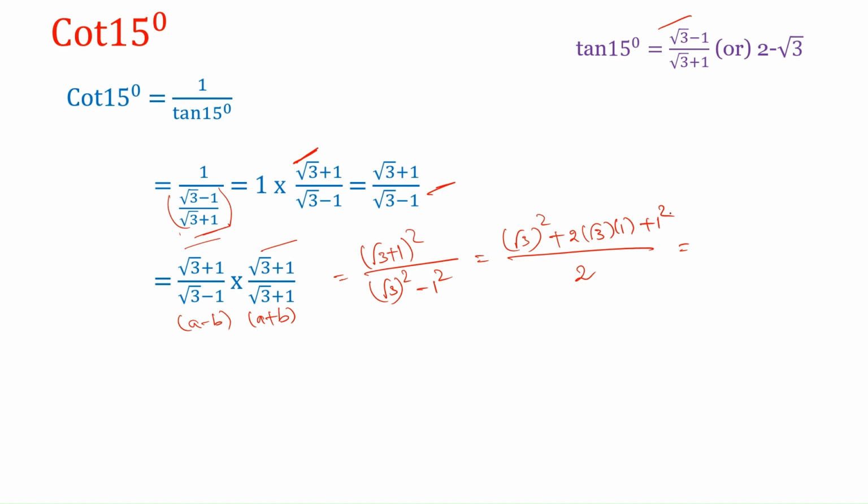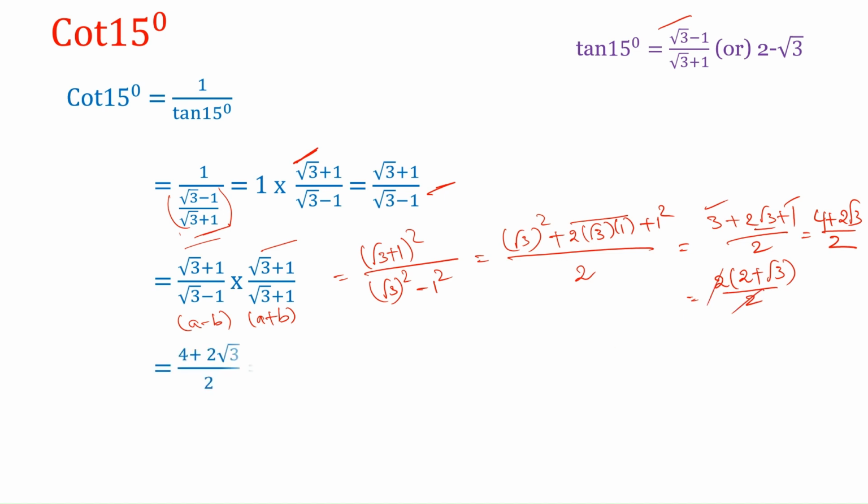That equals root 3 square is 3 plus the second term is 2 root 3 plus 1, divided by 2. Now 3 plus 1 is 4 and the middle term as it is, plus 2 root 3, upon 2. We can take 2 common in the numerator, that makes 2 into 2 plus root 3 upon 2. The 2 gets cancelled out and we'll have 2 plus root 3 as the answer. So these are the two values for cot.